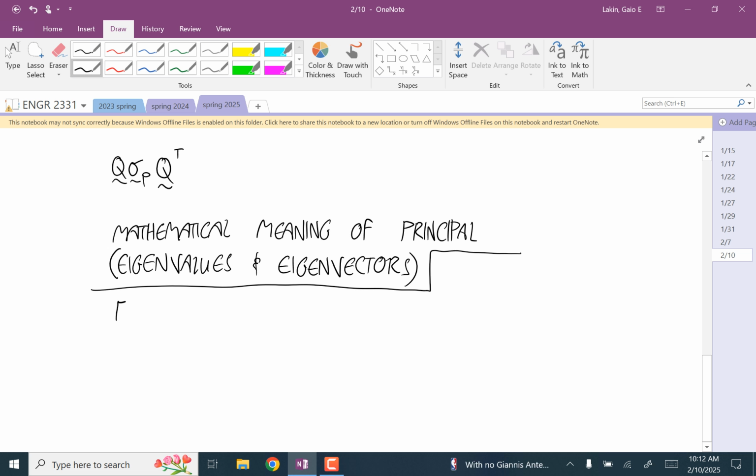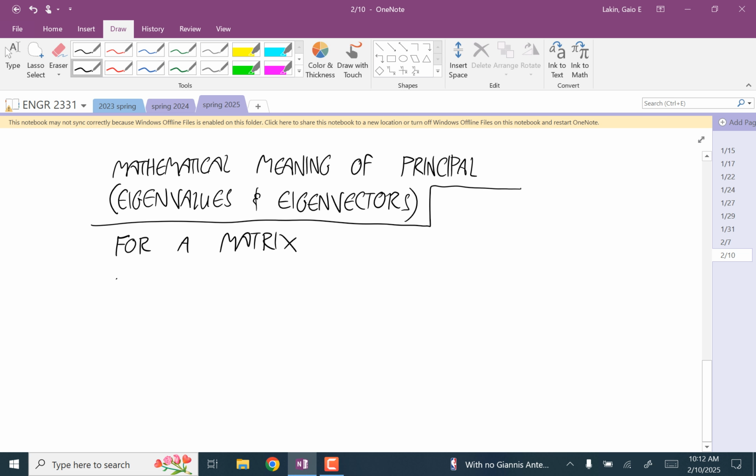So for a matrix, I'm going to just give it the values, sigma xx, xy, xz. In our case, this is a stress tensor, so I'm going to use the symmetry. So sigma xy again, yy, yz, then xz again, yz again, and zz.